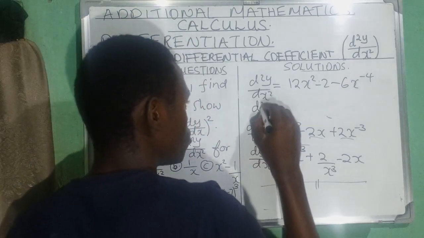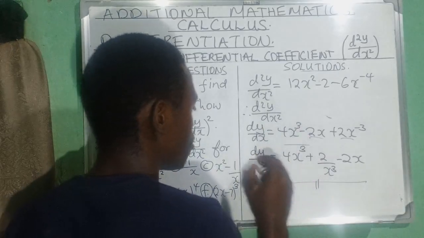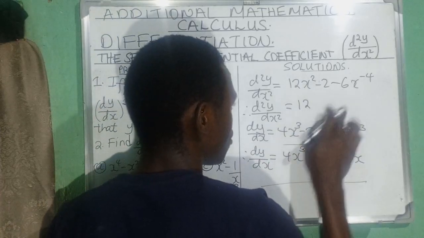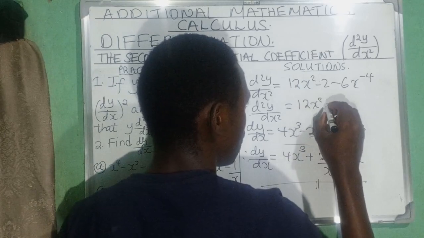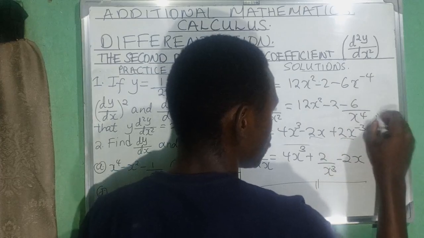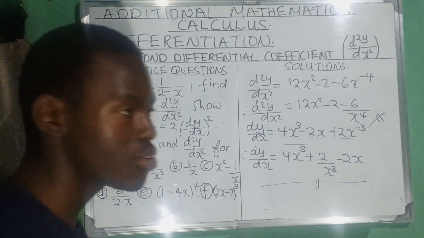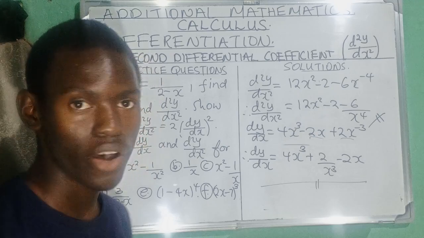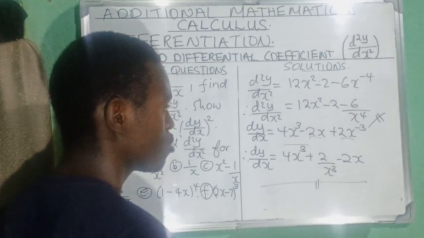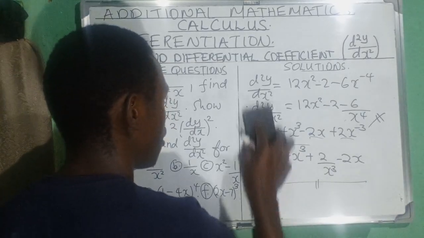So the d2y/dx2 will therefore be equal to 12x squared minus 2 minus 6 divided by x to the power 4 as your final answer. Alright, so that's your final answer. I wanted to write it in descending order, the powers in descending order, but even writing it in this form is okay. As you can see, we are done with question A.